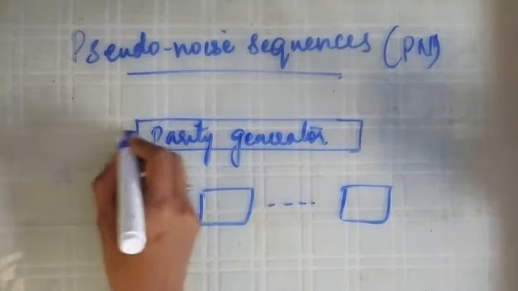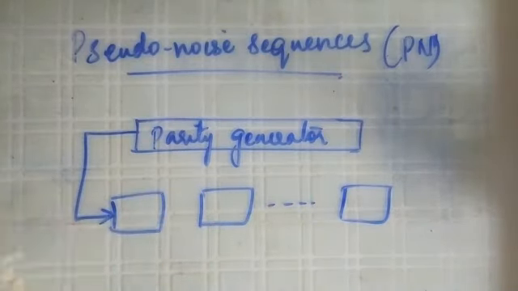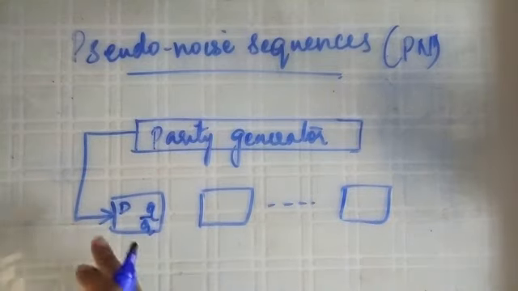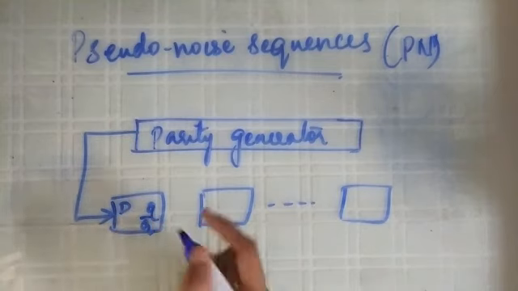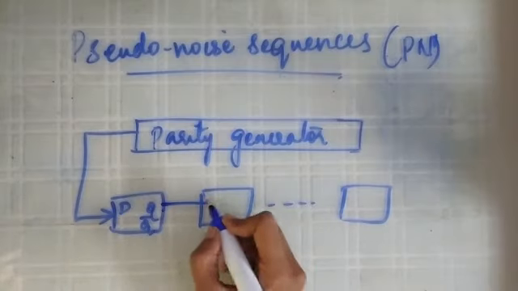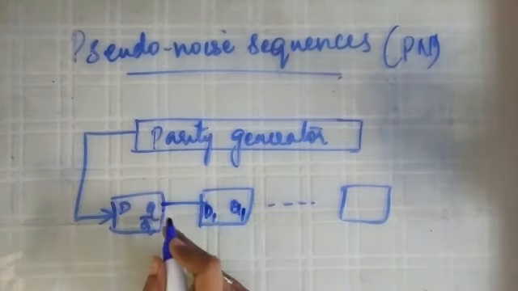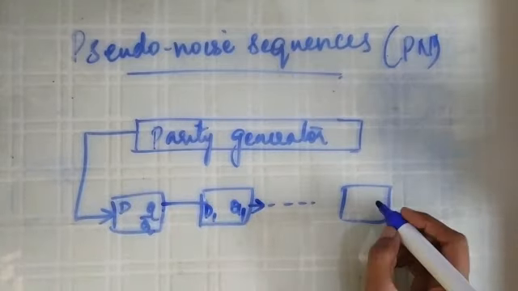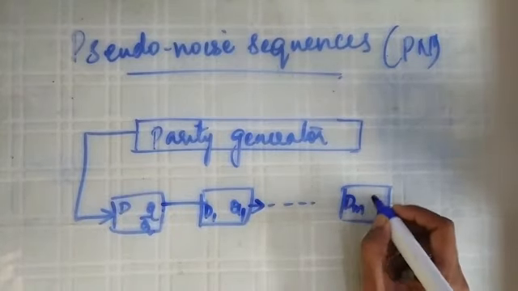Here the output of the parity generator is given to a D flip-flop, with Q and Q bar. The output of the parity generator is given to the first D flip-flop, and then the output of the first to the second, D1 and Q1, and in a similar way. In the general picture you have M number of flip-flops.